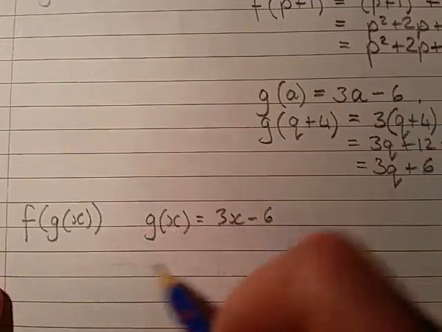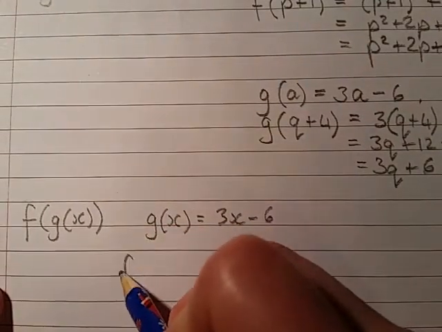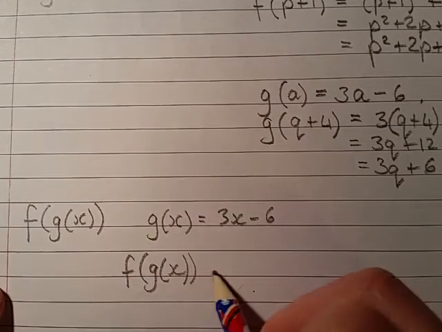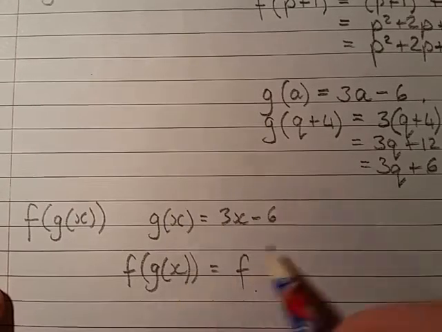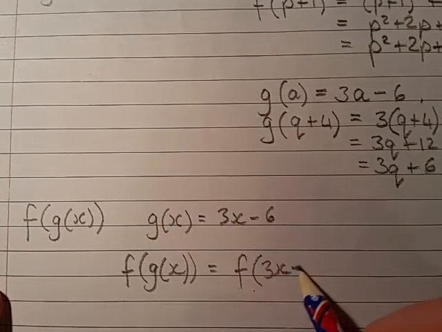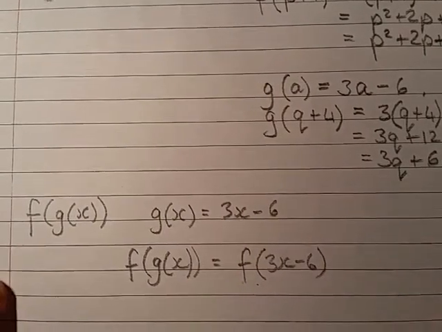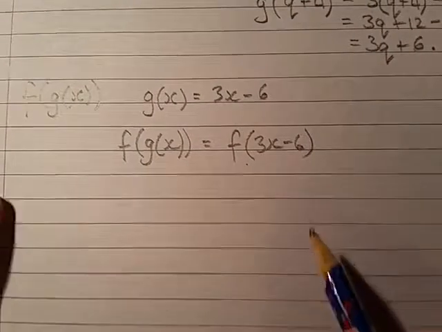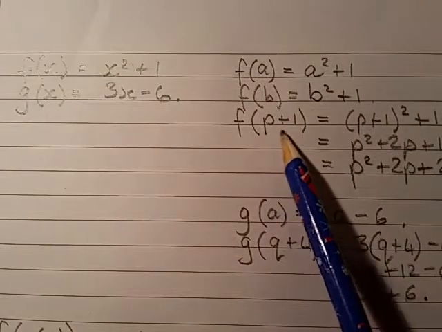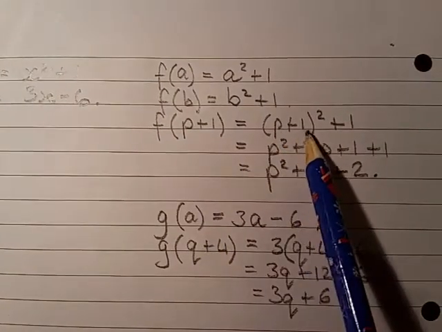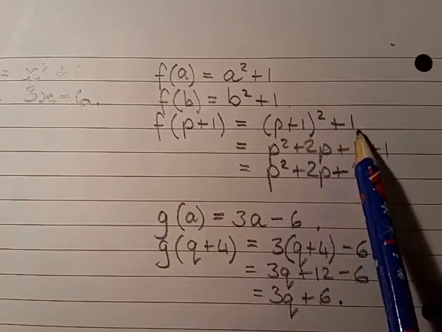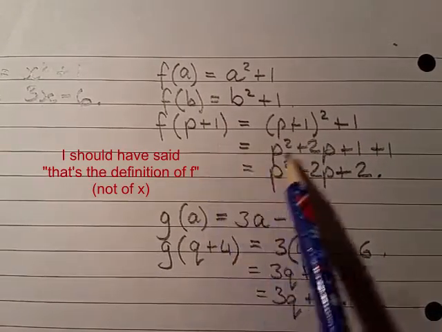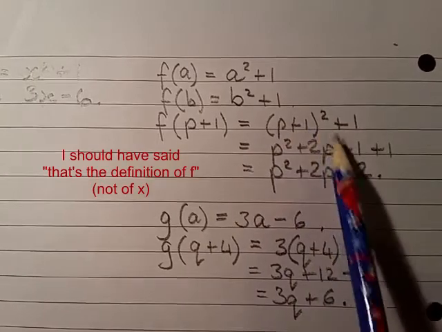So then we need to think about what f of g of x is. Well, that must be f of 3x minus 6, because that's g of x. We did a little bit of that up here. F of p plus 1 was p plus 1 all squared plus 1, because that's the definition of f. You take whatever you put in, you square it, and you add 1.